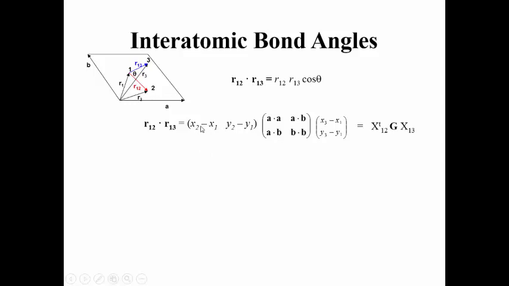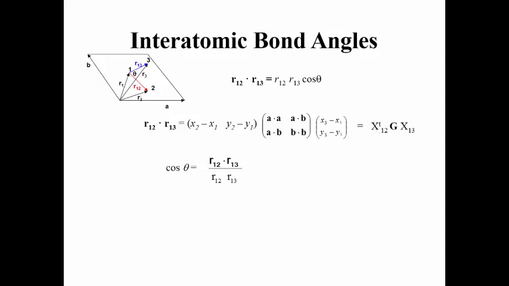Notice it's the final minus the initial, and over here it's the 1,3, so it's 3 minus 1. You have to be very careful that you take the final minus the initial or you end up with the wrong answer.